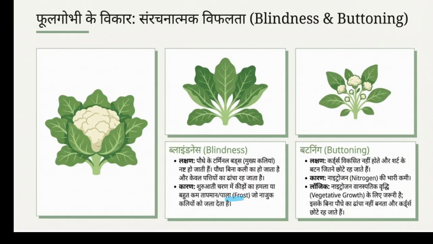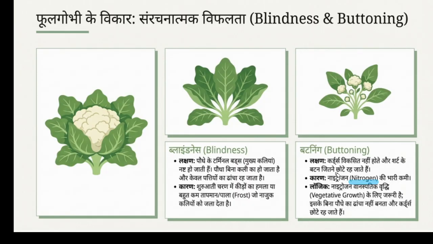For the exam, it is important to remember why this happens. It is often caused by insect attack at the early stage, or by very low temperatures and frost, which burns the delicate buds. A plant without a bud means a blind plant.